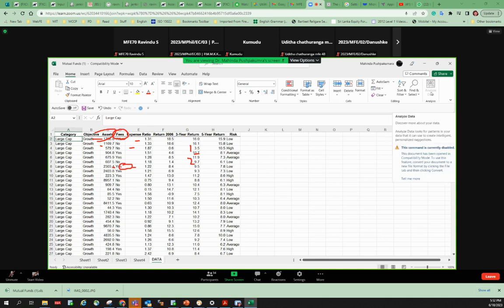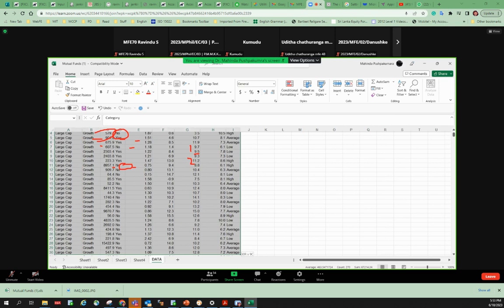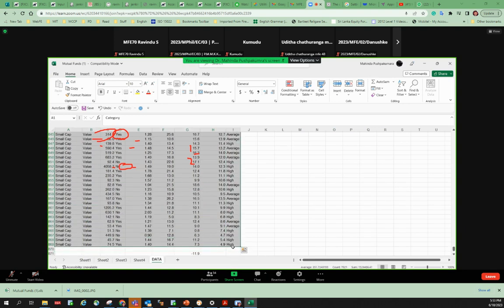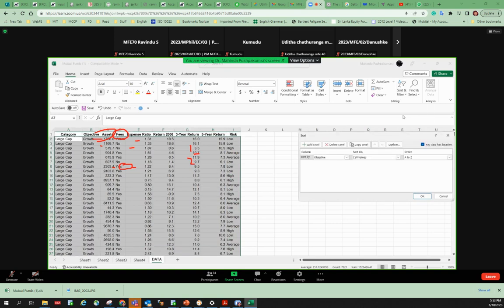Are you going to invest in the large one, or the small one, or medium? Again, you have to do the same analysis. Now you have to sort this data set with the category.